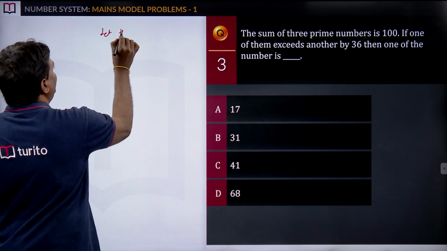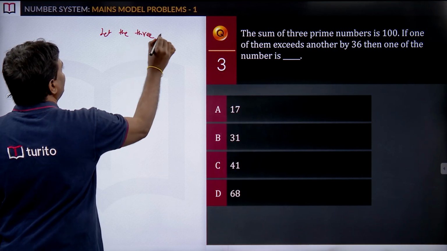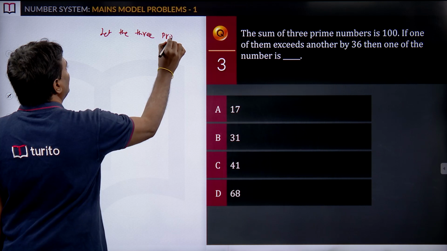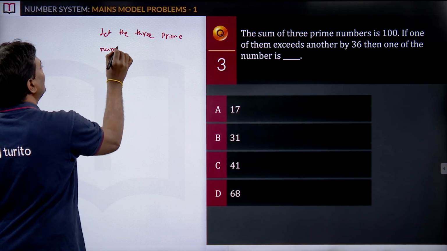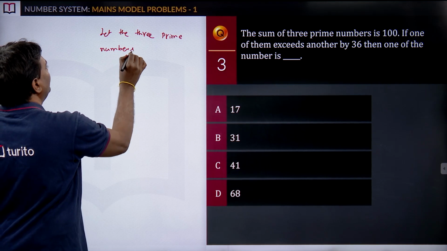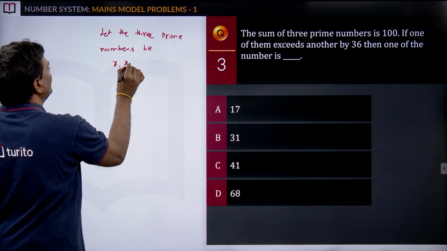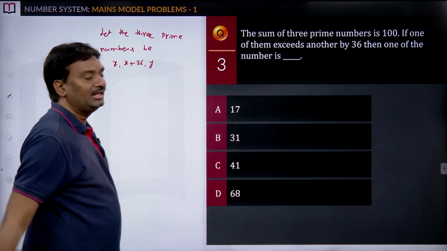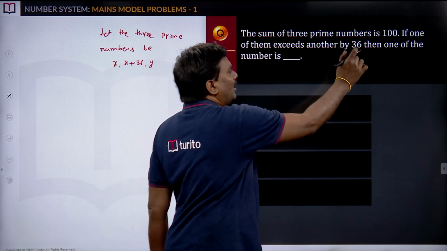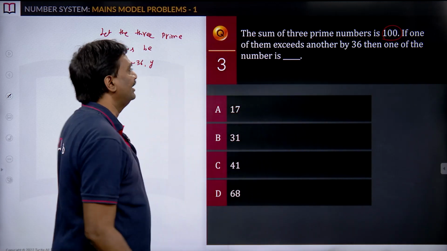Let the 3 prime numbers be x, x plus 36 and y. According to the problem, the sum of those 3 prime numbers is given as 100.